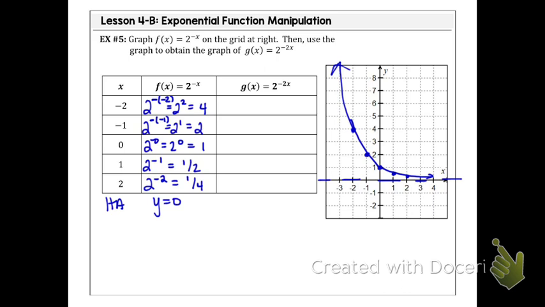All right, so let's see. We could also just plug in some points too if you needed to. So I'll show you that one. So we have 2 to the negative 2 times negative 2, which is just 2 to the 4th, which is 16.